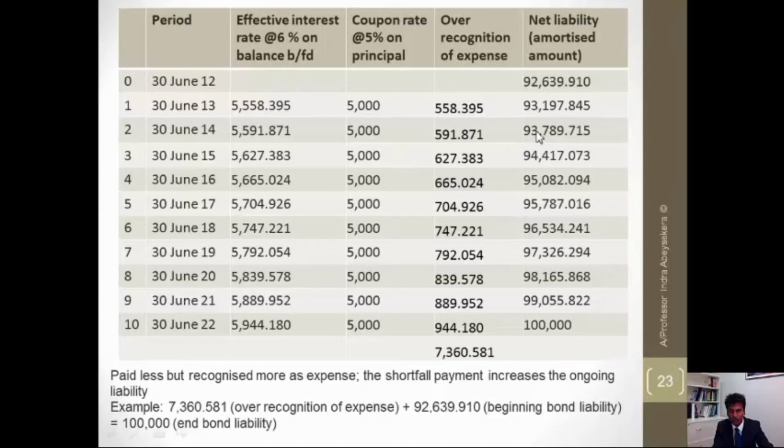It adds on to the liability, and the new liability at the end of the second year becomes 93,789.715. You can see that the liability keeps increasing. Ultimately, at the end of the 10th year, the bonds payable liability becomes 100,000, which is the settlement value.